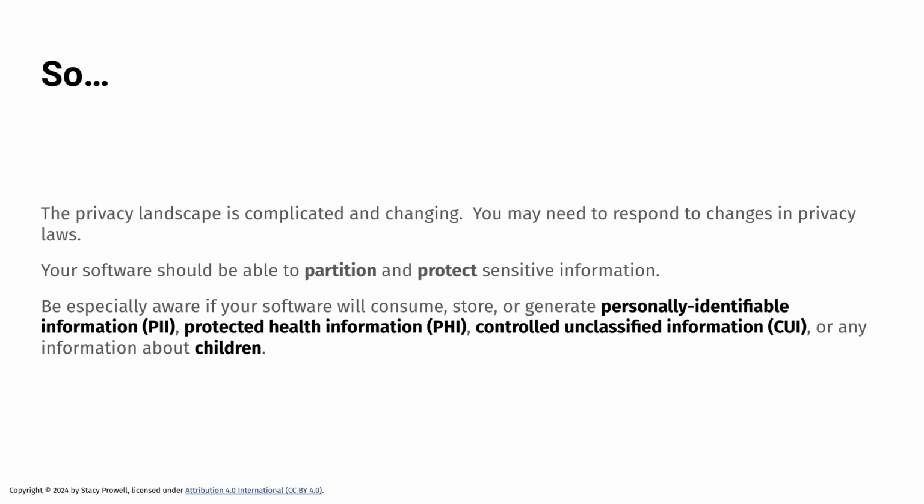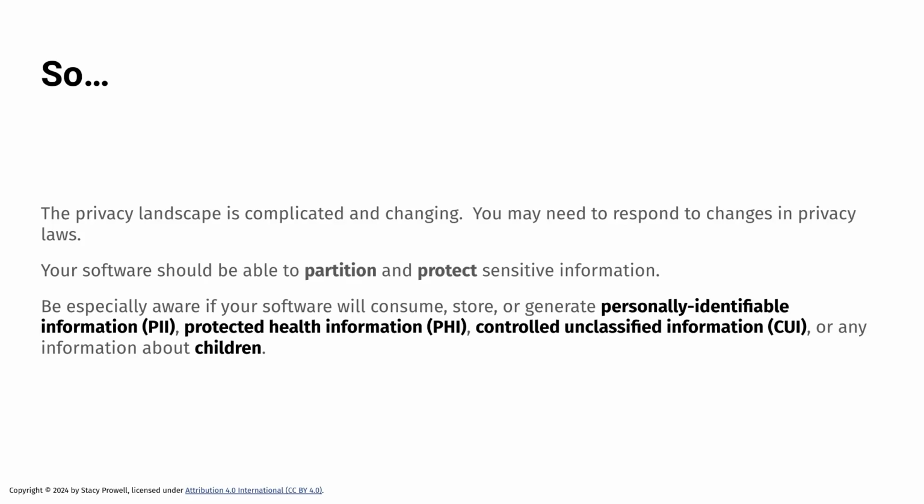You should be especially aware if your software will consume, store, or generate PII, right? Personally identifiable information. If you're running a business and doing almost anything, you certainly will. Protected health information. If you're working in the government sphere, will you be when you have controlled unclassified information. What is that?